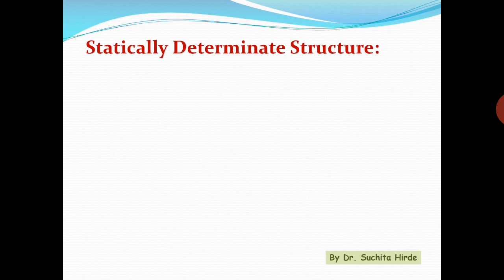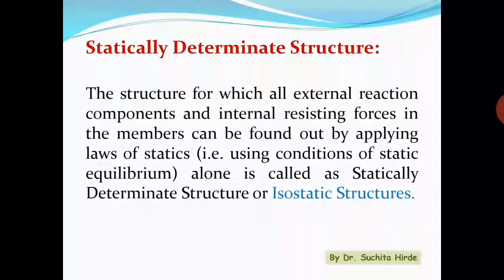So what is a statically determinate structure? The structure for which all external reaction components and internal resisting forces in the members can be found out by applying laws of statics, that is, using conditions of static equilibrium alone, is called a statically determinate structure or isostatic structure.